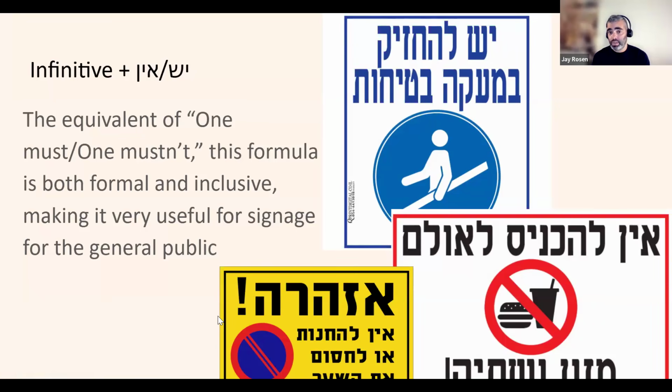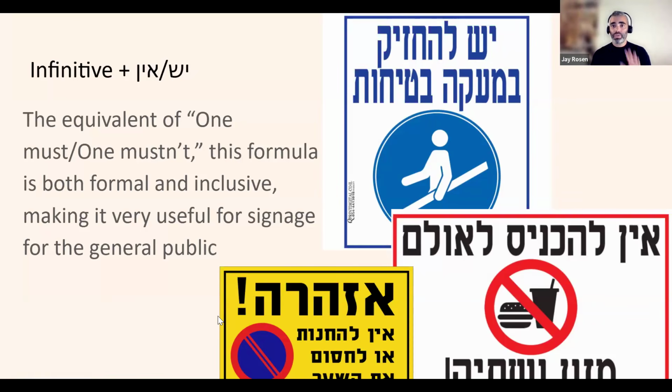So now that I know that, ein lahachnot means no parking. One may not park. One must not park. O lachsom, meaning one must not park or block. Lachsom is to block. So it means both ein lahachnot ve'ein lachsom, and one must not block et hasha'al, the gate.